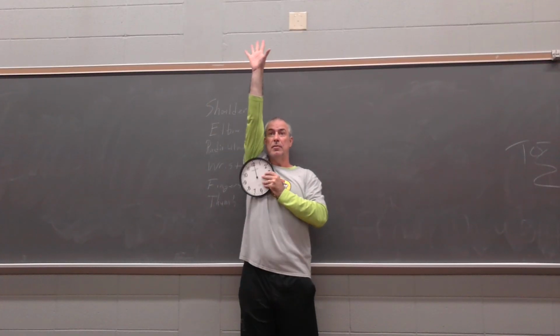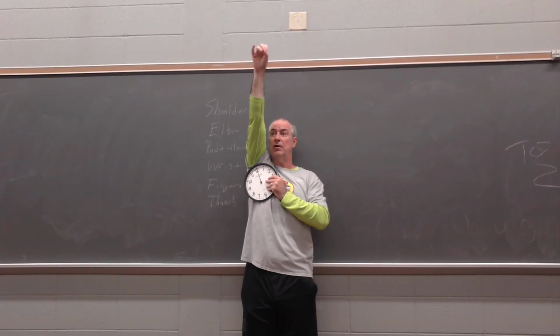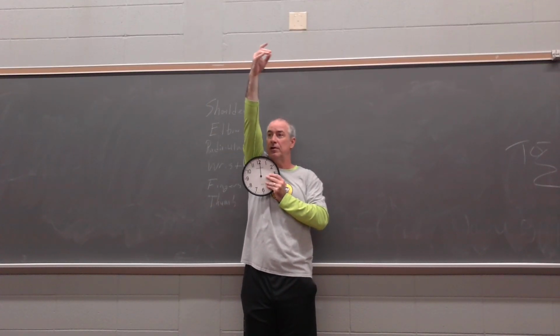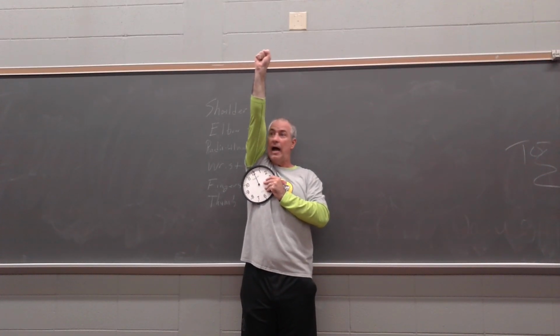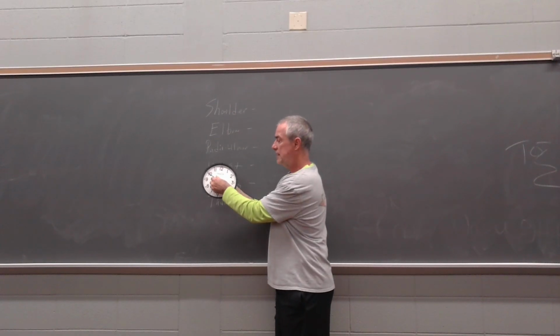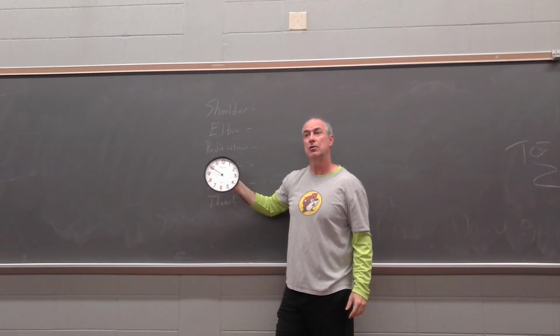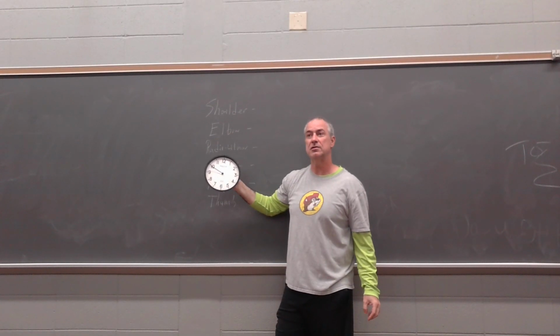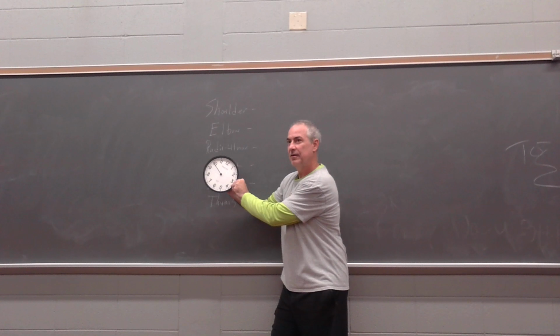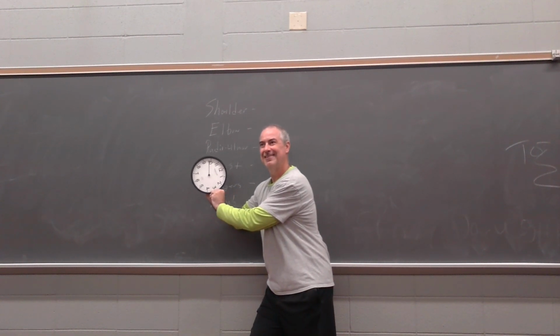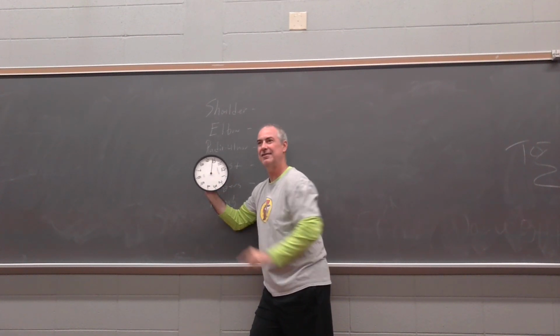So in other words, for me to get over my head right here, like if I wanted to paint a Warhammer figure or something like that, I can't do all that with my shoulder. My shoulder joint by itself only gets me about here. I only have about 120 degrees of abduction with my shoulder. The rest of it is the scapula upwardly rotating in order to get my hand there.